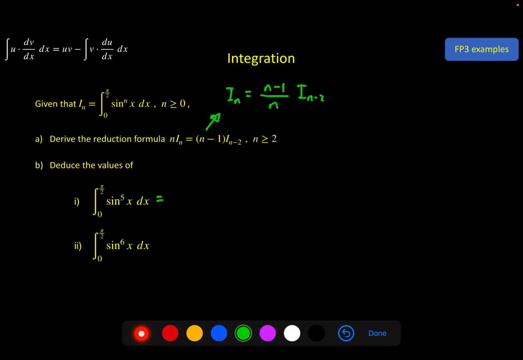So this becomes I_5, which using the reduction formula is 4 over 5 times I_(5-2) in this case, so that's I_3. But I_3, we can apply the reduction formula, is just 2 over 3 times I_1. And I_1 in this case, remember n must be greater than or equal to 2.